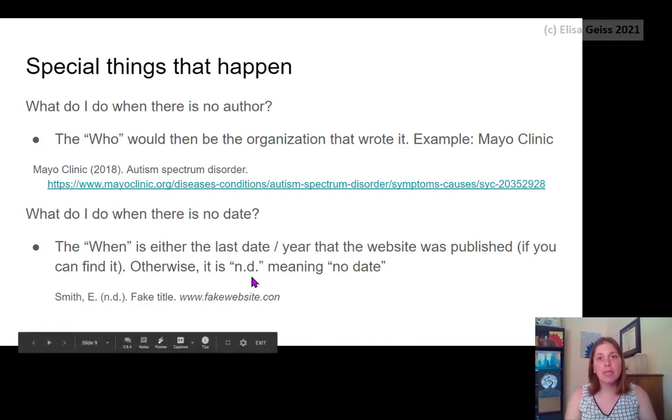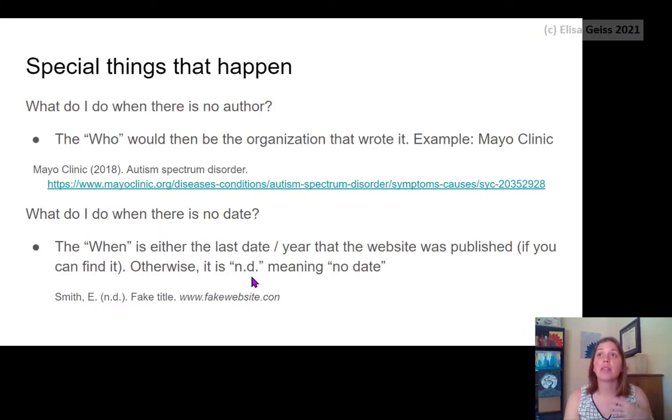Another thing that can happen is that if you're looking at a website, sometimes there is a lack of information about the date. So what you should do is look and see the last date that this website was actually updated. So for example, if you click into here in this Mayo Clinic, it's at the very bottom of the page, but it says last updated, and it gives a date in 2018.